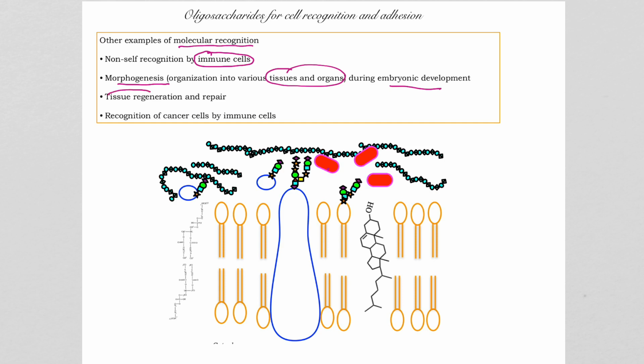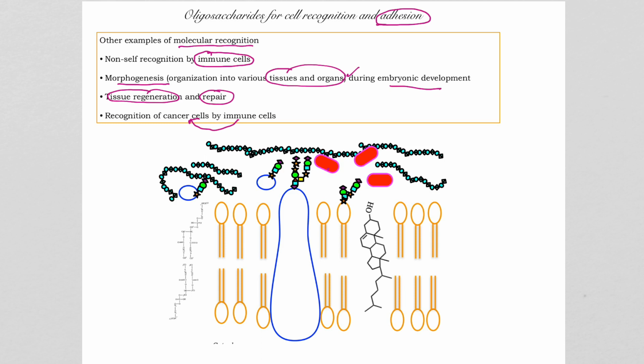When our tissues are regenerated or repaired, that involves a lot of molecular recognition. How our immune cells recognize and kill cancer cells is also a lot of molecular recognition. And then there's also cells binding to cells. So during morphogenesis, we want to make sure that all the hepatocytes are bound to hepatocytes and not to some other cell. So there's a lot of molecular recognition that's going on.